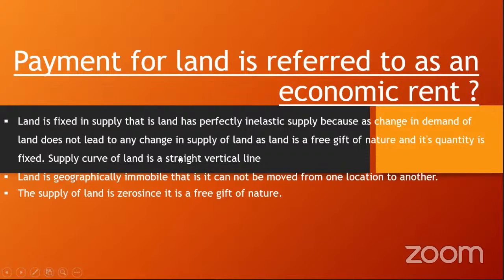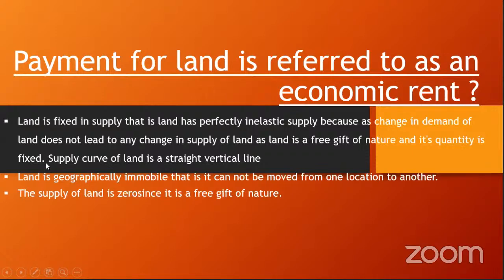Please come again. Okay. On the first point, first of all, we have to know that land has a fixed supply, making it perfectly inelastic, because the change in demand for it does not lead to any change in the supply of it. That is because it is a free gift of nature and its quantity is fixed.